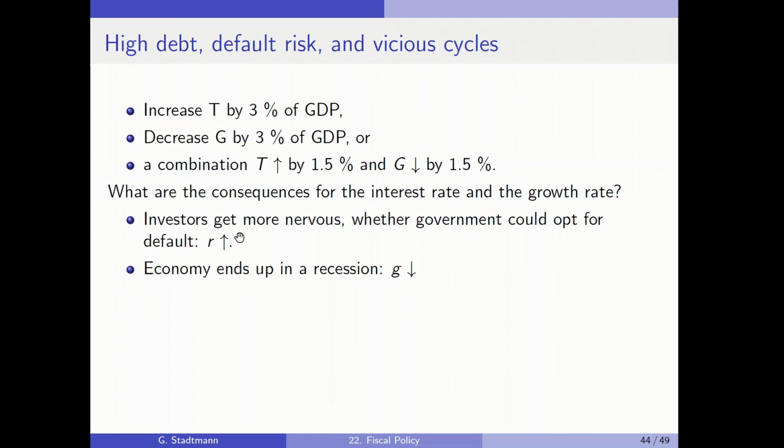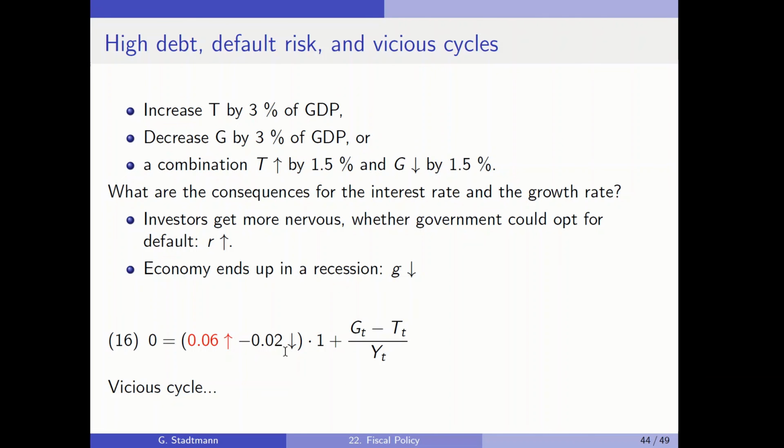And this would increase the real interest rate once more. And the economy will also end up in a recession, so that the growth rate of GDP will decrease. What does it imply for our equation? The real interest rate will increase even further, and the growth rate will decrease even further.